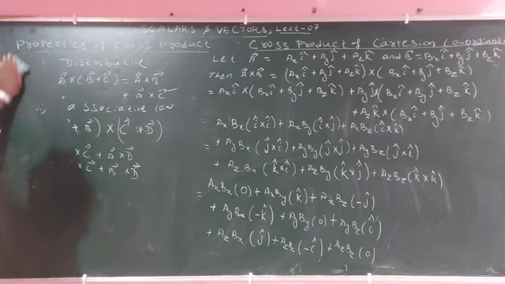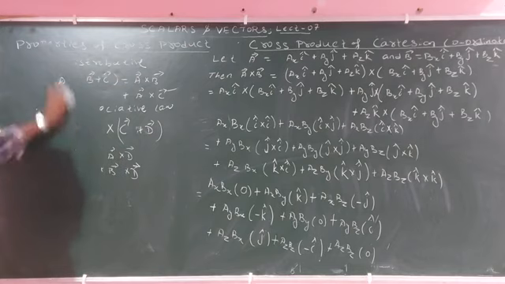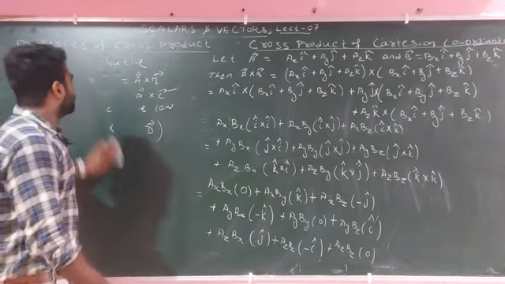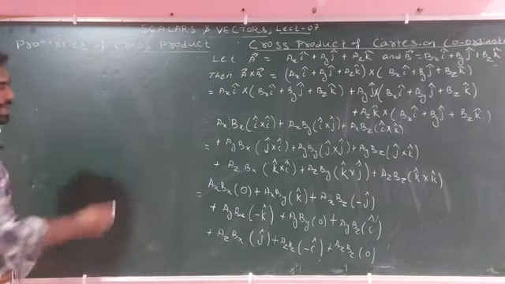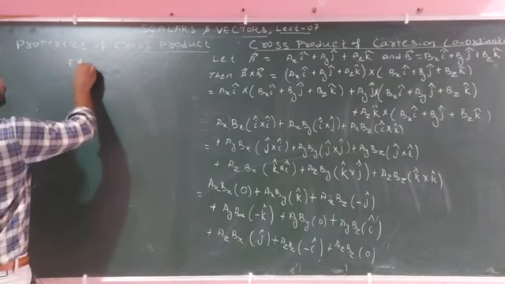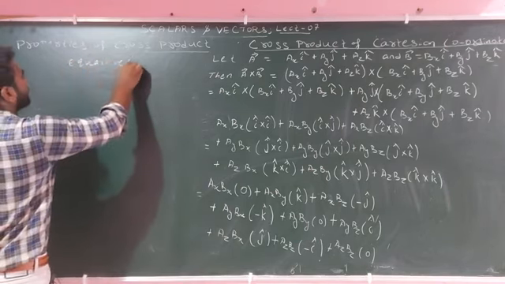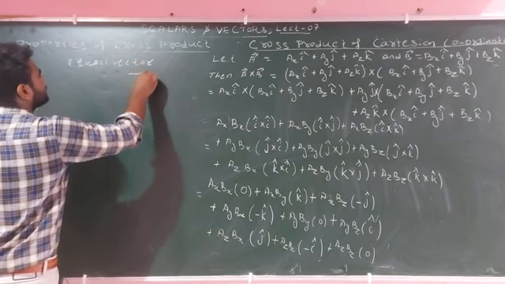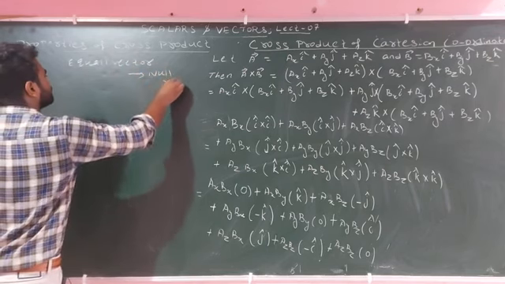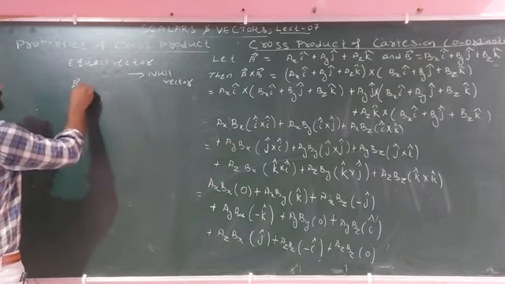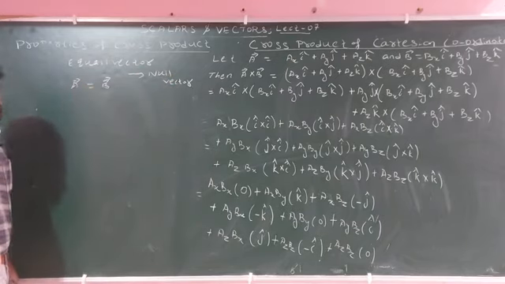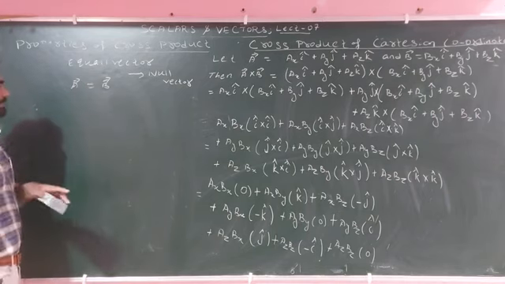Now we discuss the cross product of two equal vectors. The cross product of two equal vectors gives rise to a null vector. Let us prove it. Consider A and B vectors which have equal magnitude and the same direction.